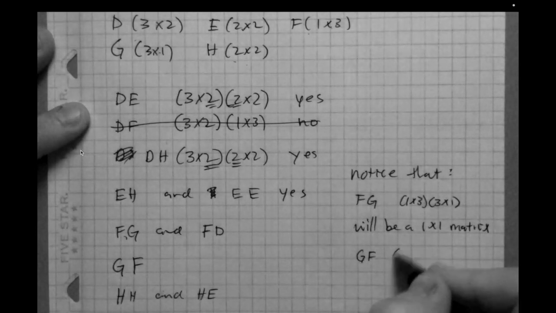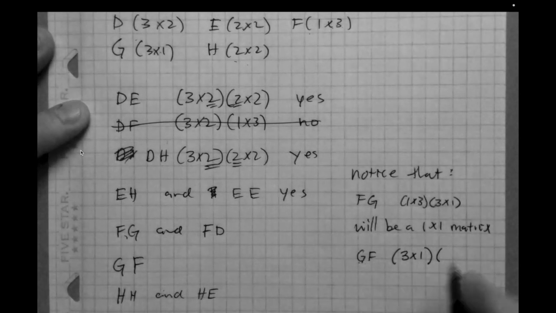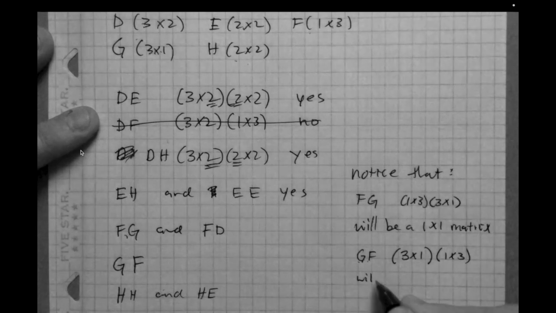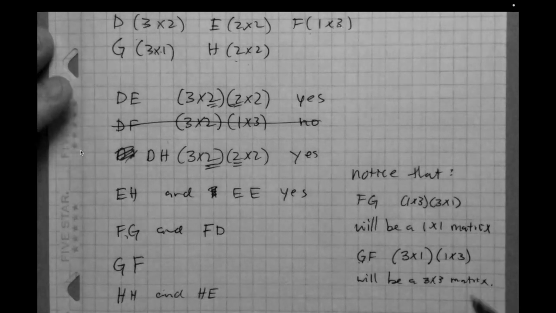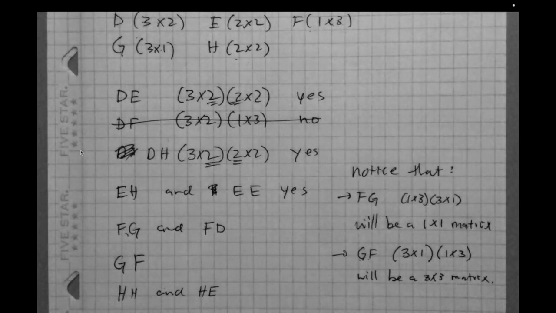Well, G is 3 by 1, and F is 1 by 3. So just by switching the order of the matrices, I get a 3 by 3 matrix. So FG is 1 by 1, and GF is 3 by 3. That's kind of interesting. It obviously points out that the order of the multiplication is extremely important.